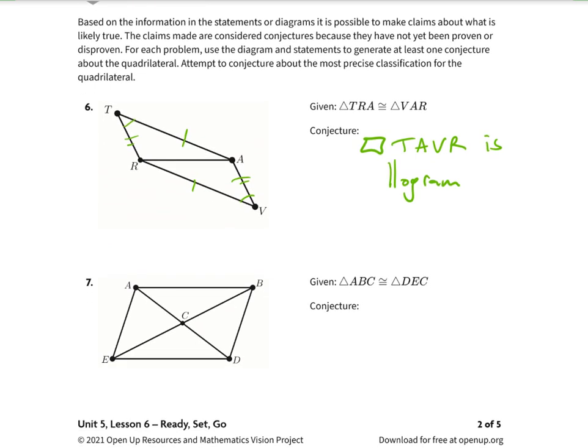7. Triangle ABC is congruent to triangle DEC. ABC and DEC. So now we get this and this are corresponding. Let's see what else we got.